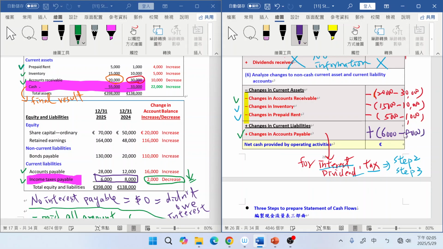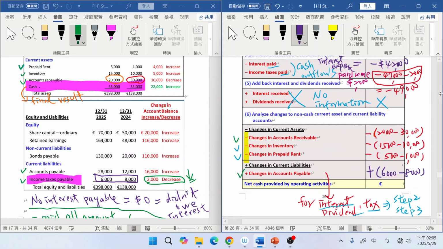Okay, any questions? So we've done each items already. Okay, so that's how we find out the number for each items.